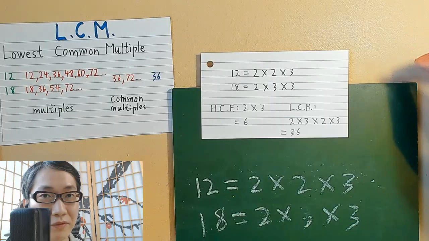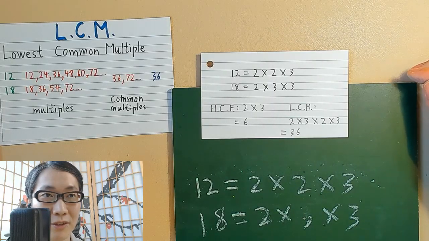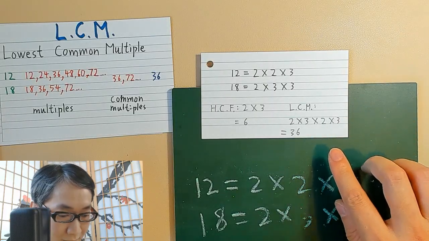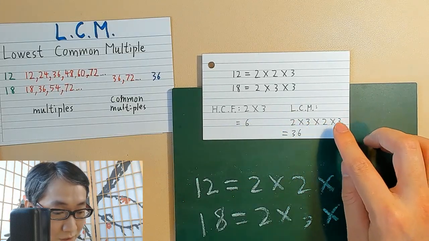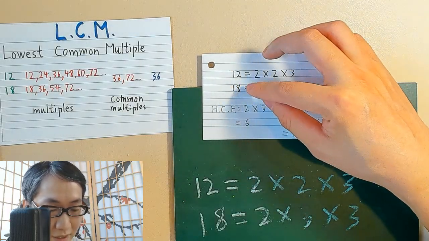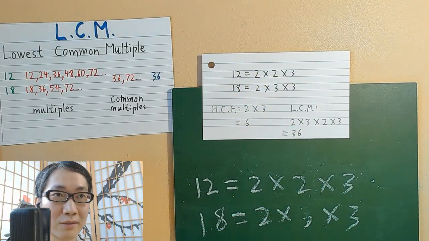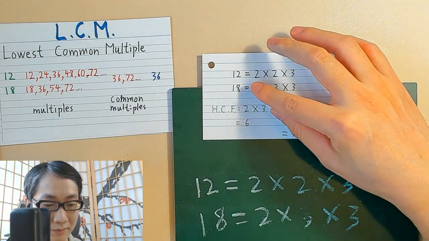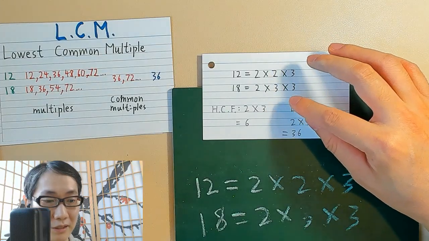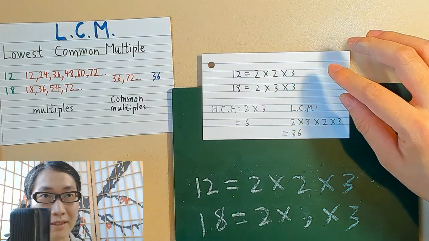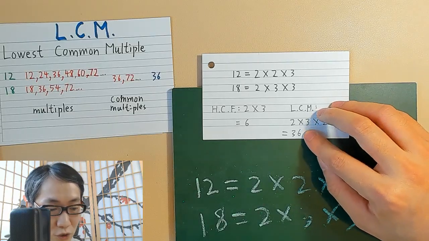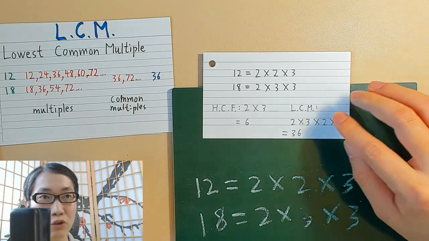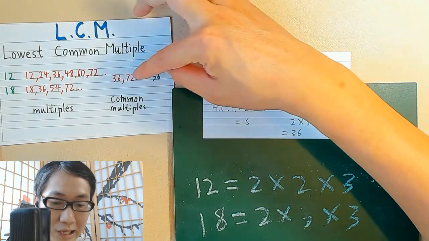So 12 times 3 is 36, and 18 times 2 is 36, then they meet again. This is the soonest they will meet. They also meet later, but those numbers will be larger, like 72.